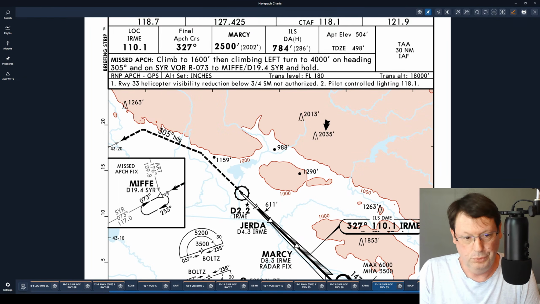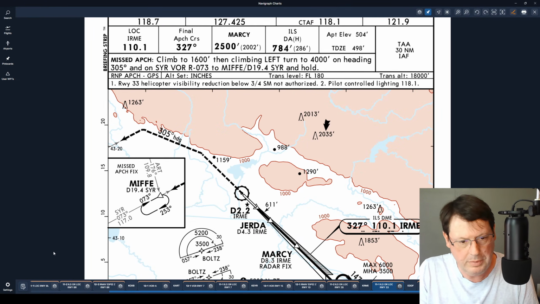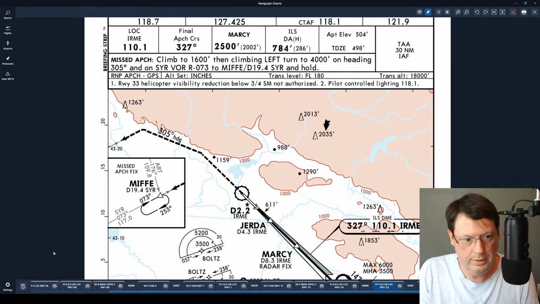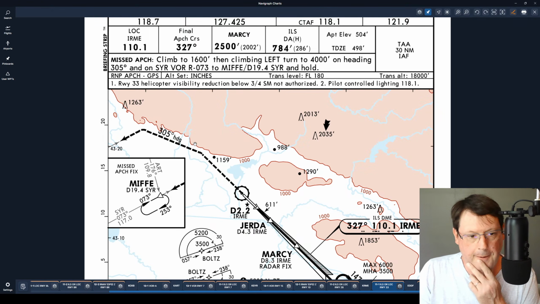And then what you do is on the Syracuse VOR radial 073. Now, this is the fun stuff. So the Syracuse VOR is down here in the lower left-hand corner. Can you see my cursor? I hope so. So the Syracuse VOR is down here, and let's say it's right in this corner.